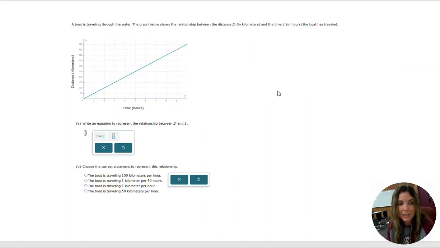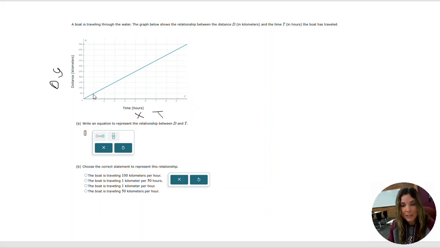Okay, next question. A boat is traveling through the water. The graph below shows the relationship between D, distance in kilometers, and the time T in hours the boat has traveled. Write an equation to represent the relationship between D and T. Okay, so you need to remember that Y is the distance and X is the time in hours, but in this case we're supposed to use D for the distance and T for the time in hours.